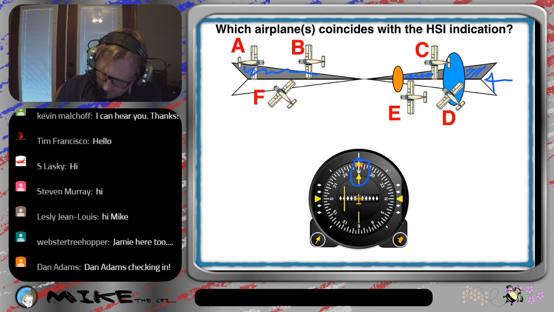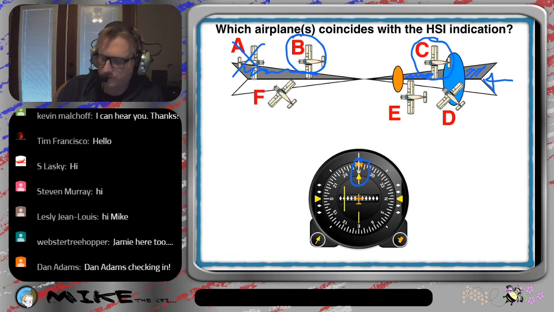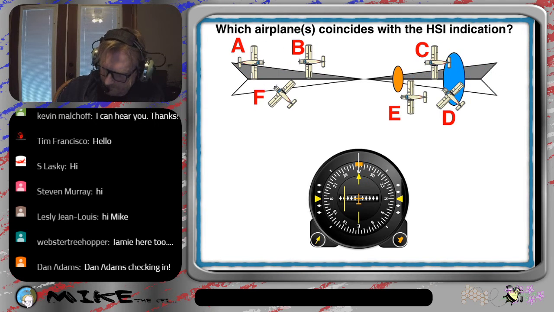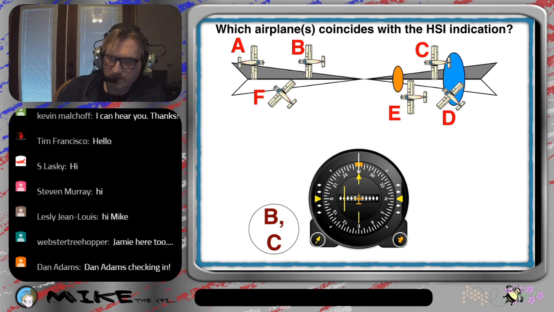If you're going this direction, which we are, and the course needle's off to your left, then you must be to the north of the course line here. So that would be indicated by letter C as well as letter B, but not letter A, because letter A is facing the wrong direction. That one's heading east, and the other two are both heading westbound. So B and C are the ones that we're looking for there.